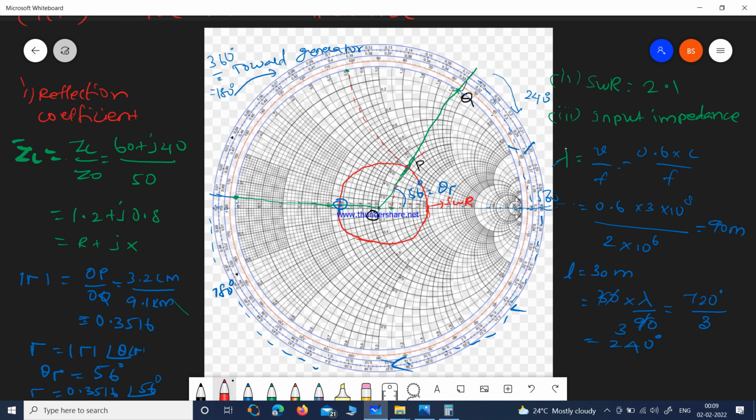What is the corresponding resistance value here? That resistance value should be written, and corresponding to this outer reactance circle where it meets, this reactance is XL. So that we need to find.